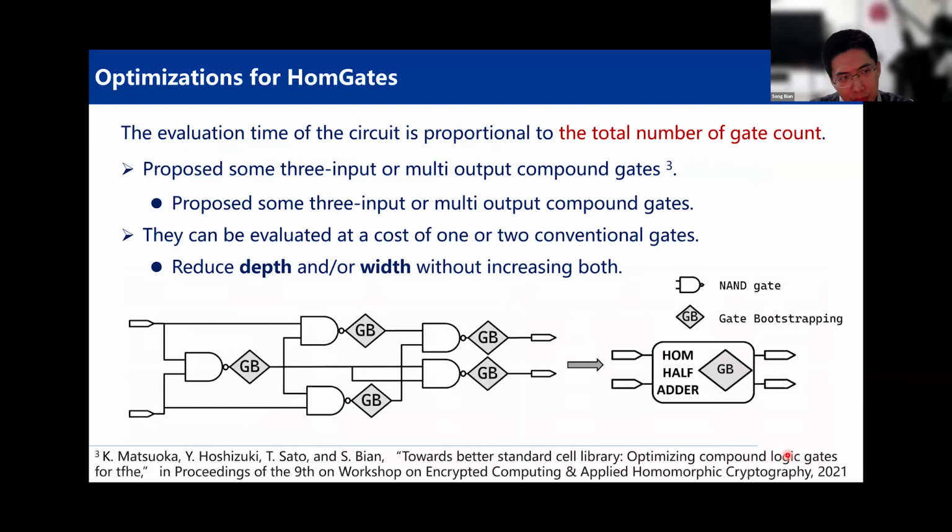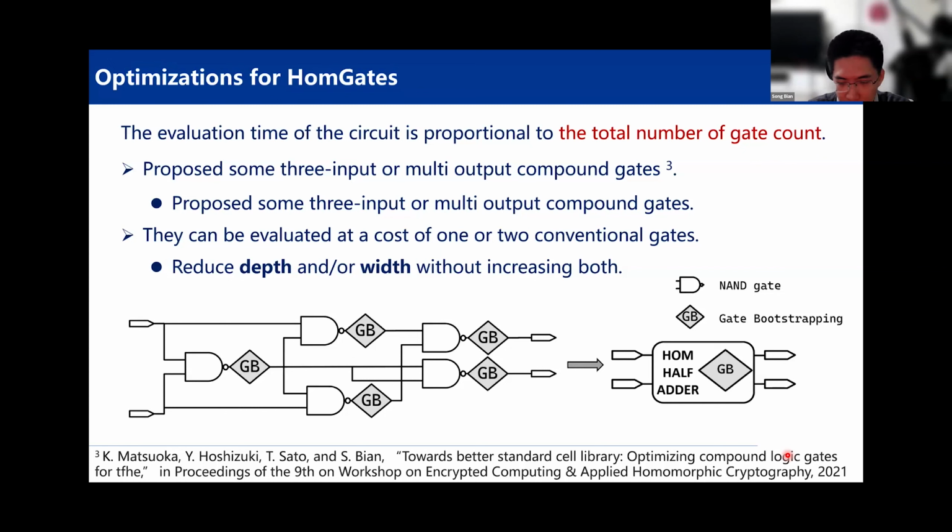So basically, after doing that work, the immediate thought that came to us is, how can we make this thing run faster? And one of the easiest ways of making it run faster is to design better gates. Basically we have had two works.